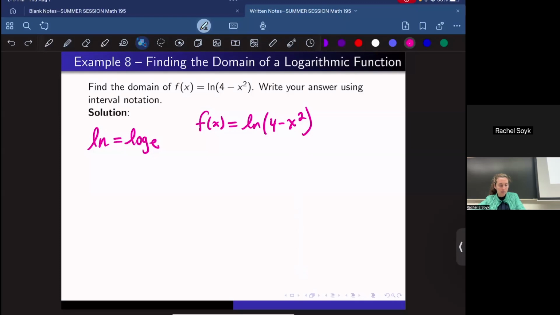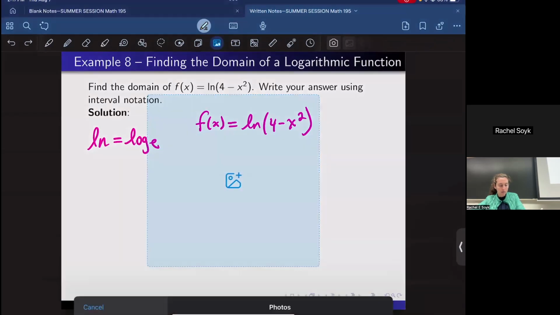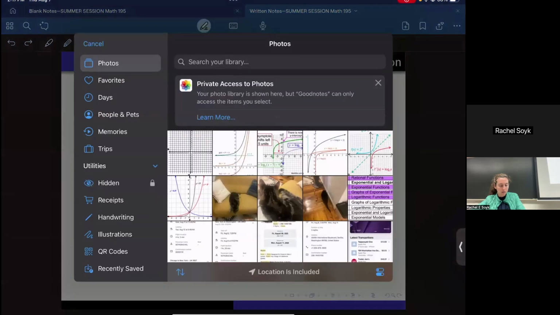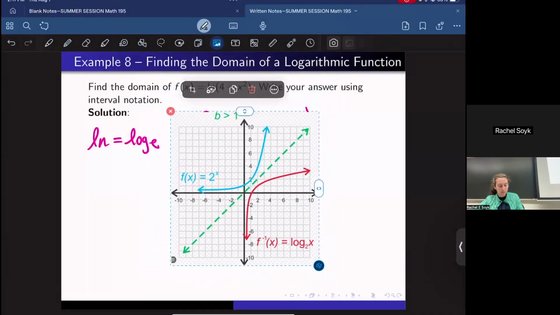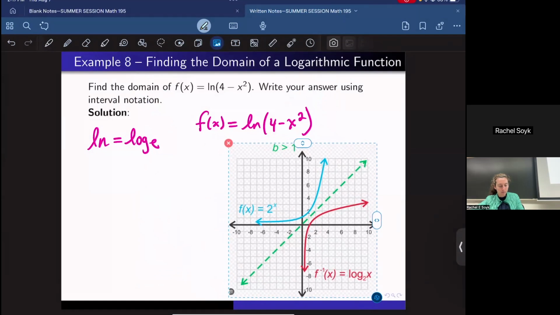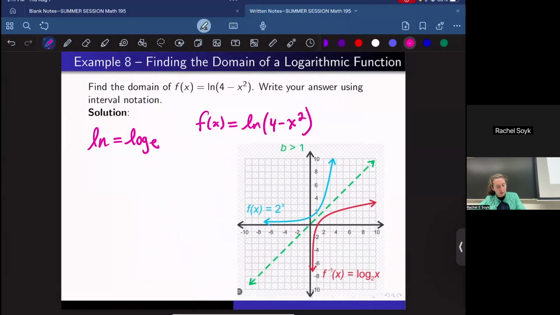I'll use the same graph as before. And I'm also going to put that negative x squared first so you can see that horizontal shift.